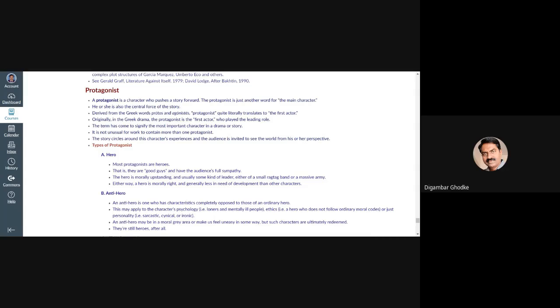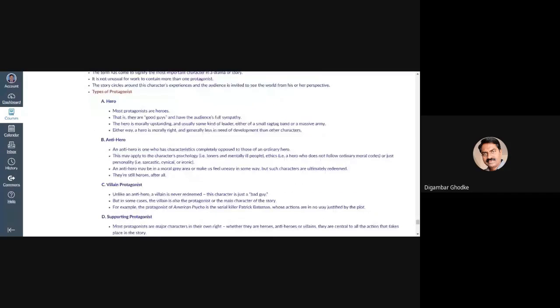The hero is morally upstanding, and he or she is usually some kind of leader, a leader of some small group or a big army, etc. In both ways, a hero is morally right and generally less in need of development than other characters, means this particular character remains the same throughout the story.